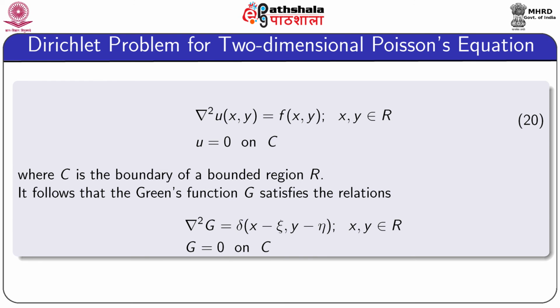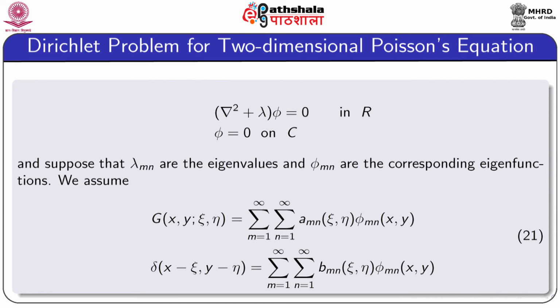Now, if we go back to this equation, Laplace square G equals delta of x minus xi, y minus eta. From this expression, we substitute the values of G and delta in terms of the eigenfunctions.